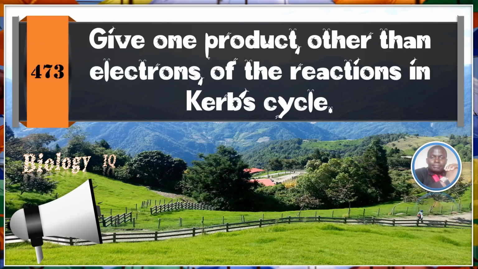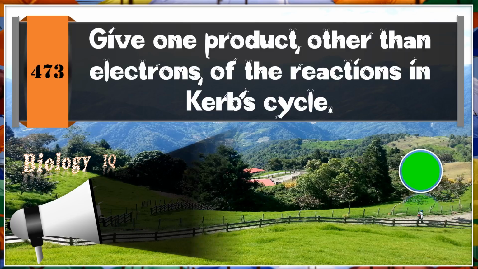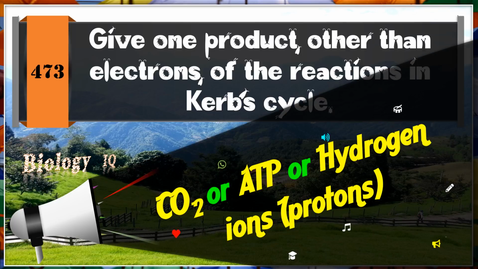Give one product other than electrons of the reaction in Krebs cycle. Carbon dioxide, ATP, hydrogen ions, or what we refer to as protons.